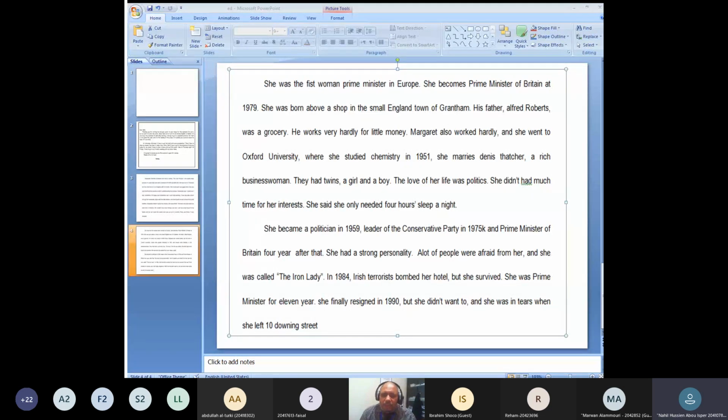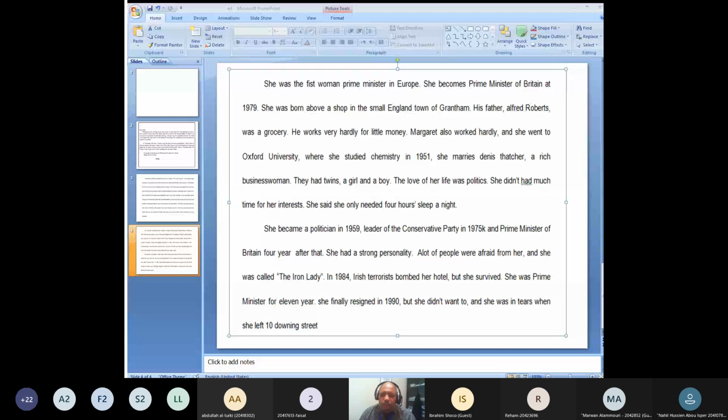Very good. One more. Go ahead. She was born above a shop in a small England town. It shouldn't be a. When we have of, you normally have the. This is what we call the of structure, like the gate of the house, which is the house's gate.